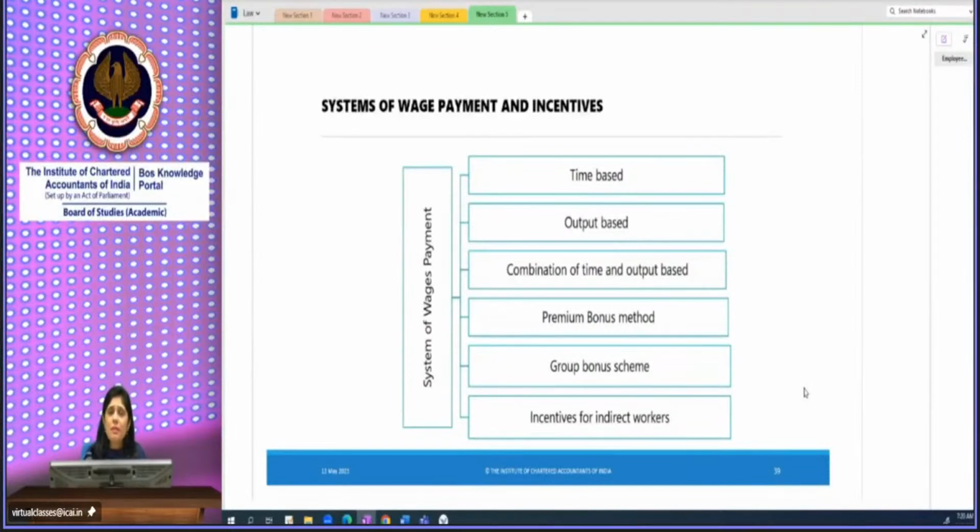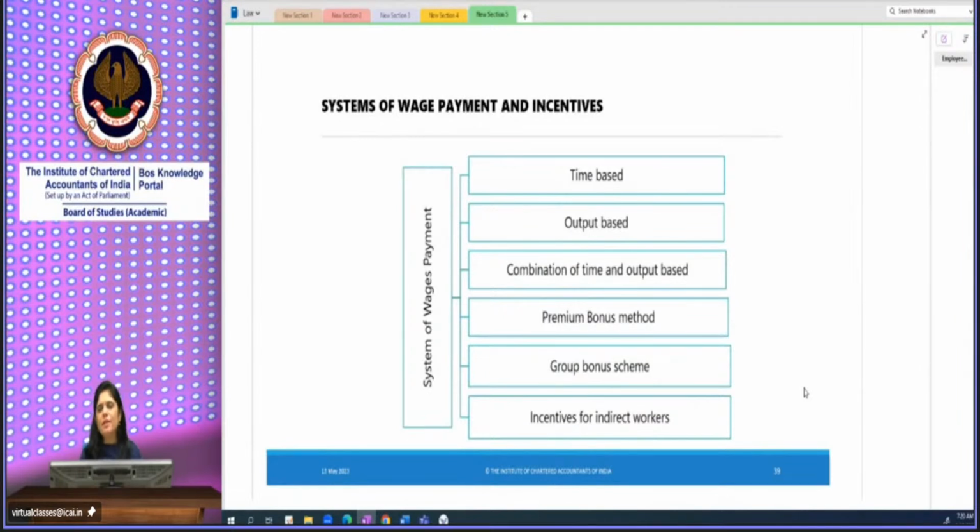Premium bonus method. So how the bonuses are paid, what are the methods under which the bonuses are paid, when they show more efficiency to produce greater output. Group bonus scheme, when a team or a department gets a bonus and shares the bonus.